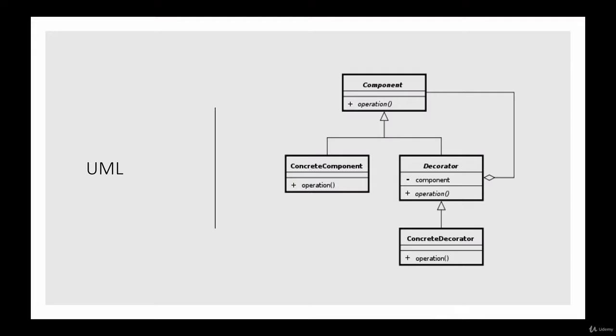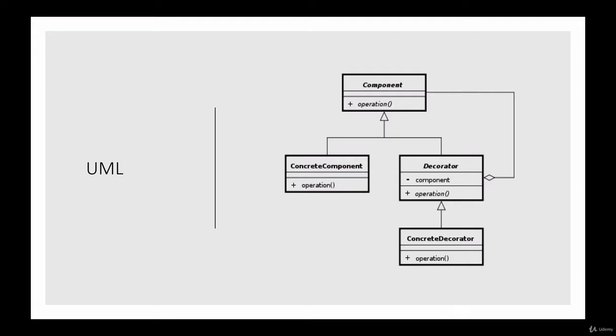So it's very similar to the composite pattern where you also wanted to use the objects in a similar way. In the composite design pattern, you wanted to use the containers and the containing object in a similar fashion.